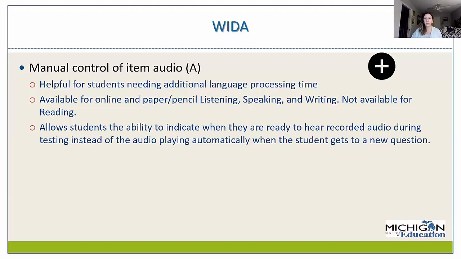The test will, once you get to a new screen, start playing audio immediately. This would let the student slow that down a little bit, not slowing down the audio itself, but just get prepared for when they hear the audio, which again could be very helpful for those students who need that additional language processing time, or just additional time to get situated and be ready for the audio when it's played.